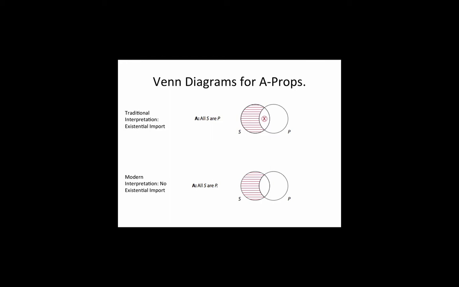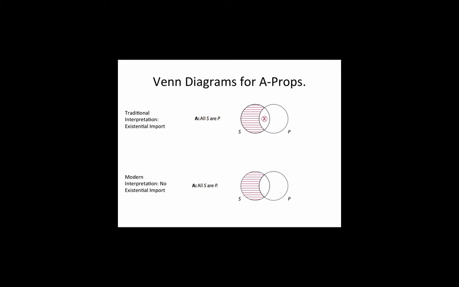And when we understand the traditional Venn diagram, we understand in a new way the inferences we are and are not allowed to make on the square of opposition. We'll also see why on the modern interpretation of the square of opposition, there is just one set of inferences allowed, contradictories, A and O, and E and I.